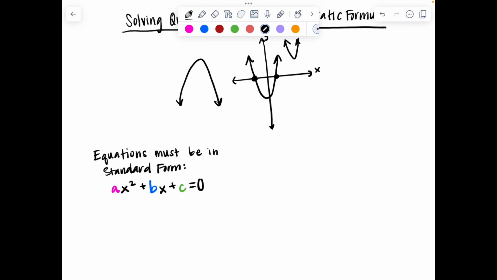So we want to rearrange it. If it's not in standard form in the problem that you're given, you need to rearrange it so that it is in the ax squared plus bx plus c form. And here is the formula.